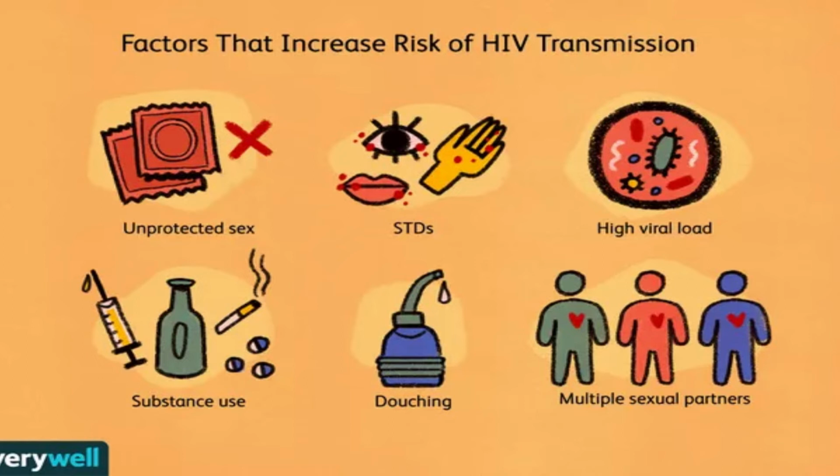Unprotected sex with multiple partners, infected semen, infected vaginal fluids, infected blood and blood products, and infected parents are the primary sources of HIV transmission.